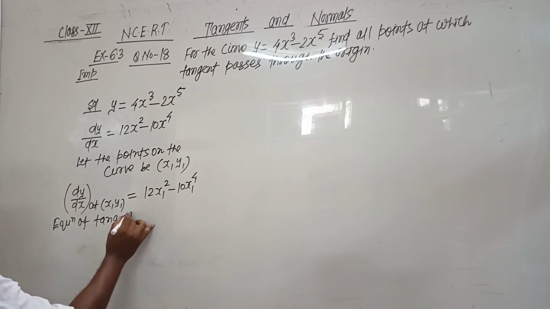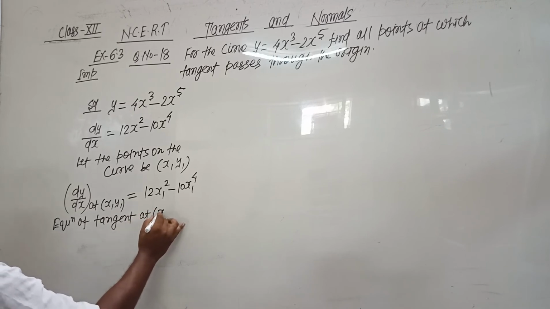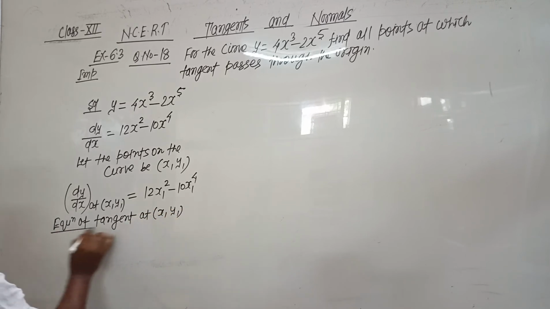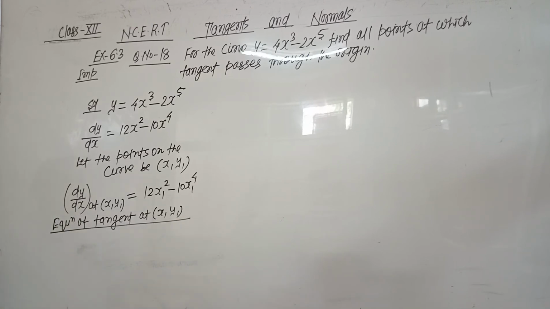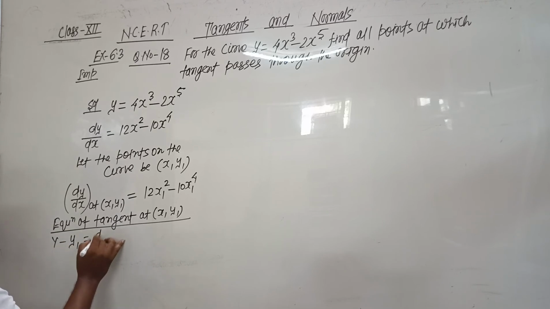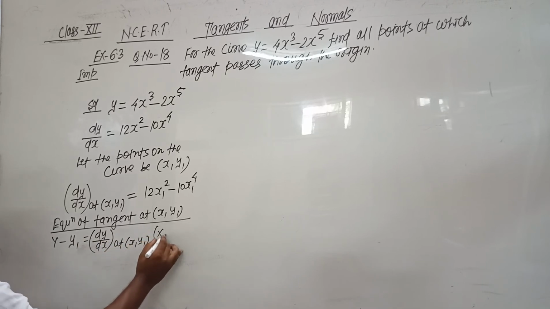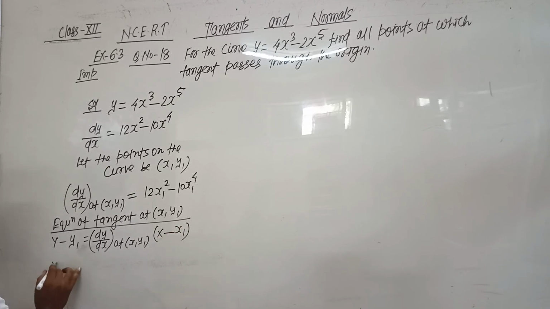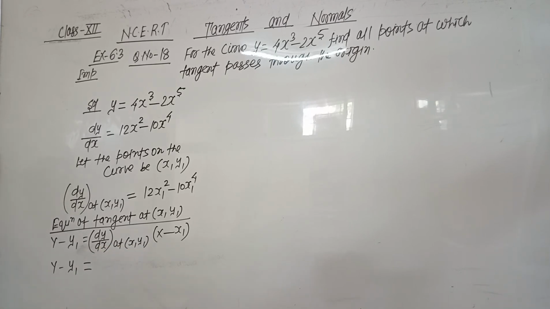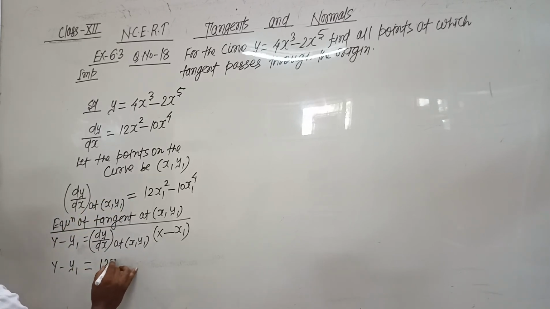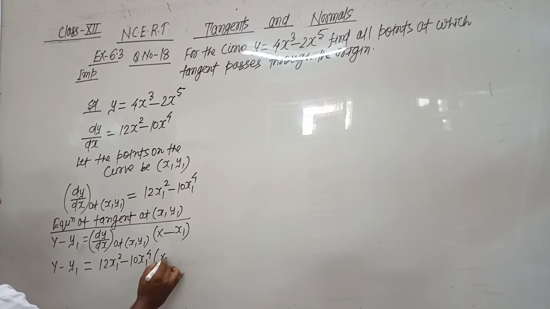Equation of tangent at the point (x1, y1): y minus y1 equals dy by dx at (x1, y1) times (x minus x1). So y minus y1 equals (12x1 square minus 10x1 raised to the power 4) times (x minus x1).